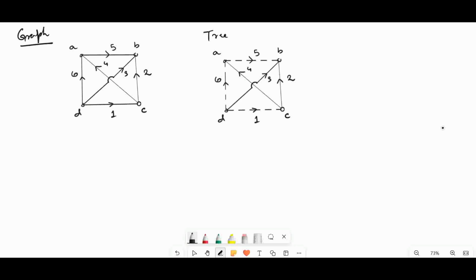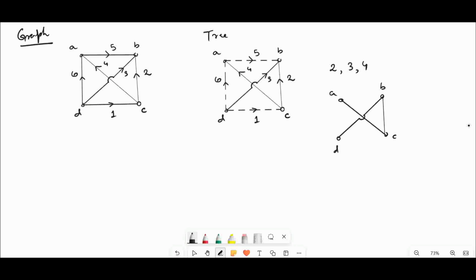So here the branches of the tree are 2, 3 and 4. This doesn't represent that these two are connected, or that this represents a loop. This represents that branch 4 and 3 are not connected. There is no connection here.